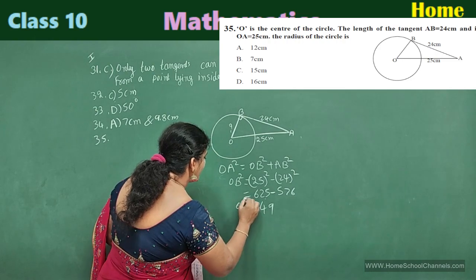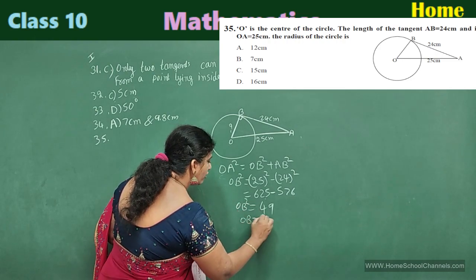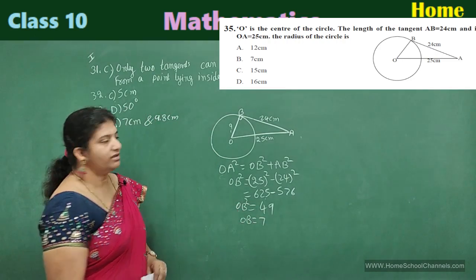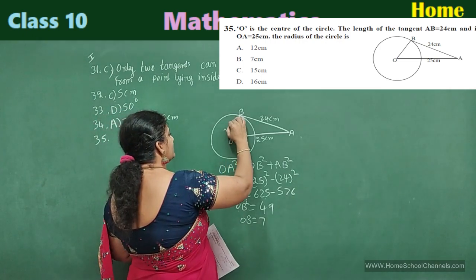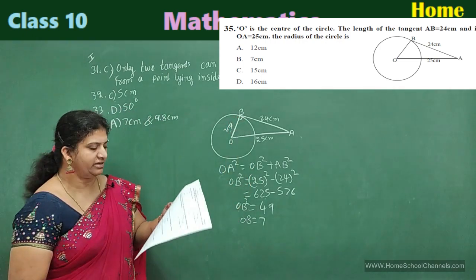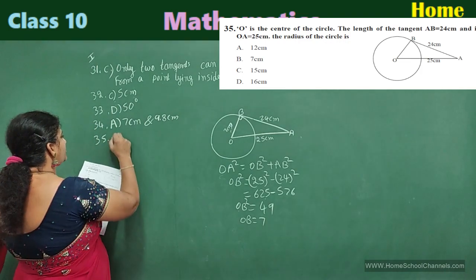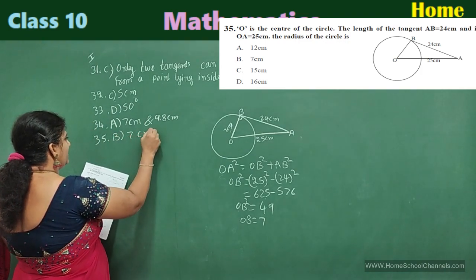OB square is 49. OB is equal to square root of 49, that is 7. Therefore, the radius of the circle is 7 centimeters. Check for the option. Option B, 7 centimeter.